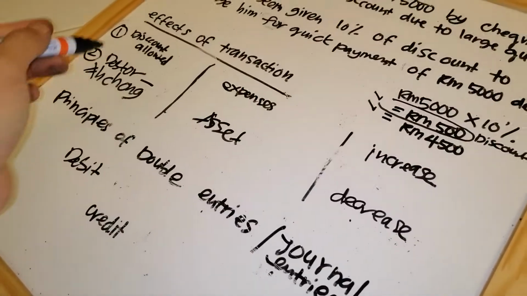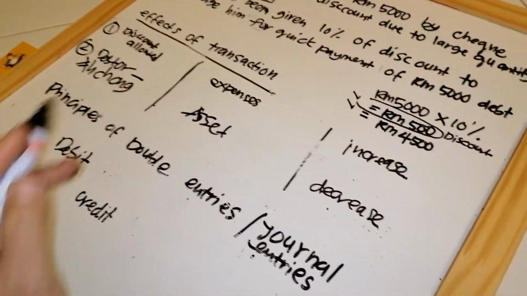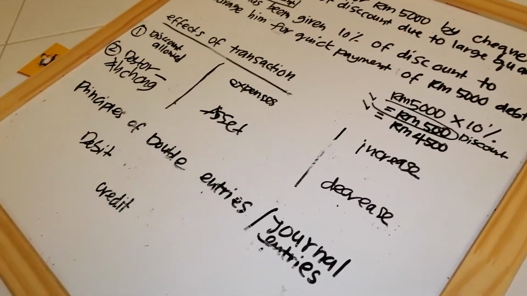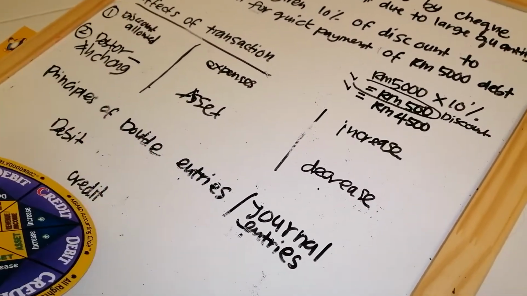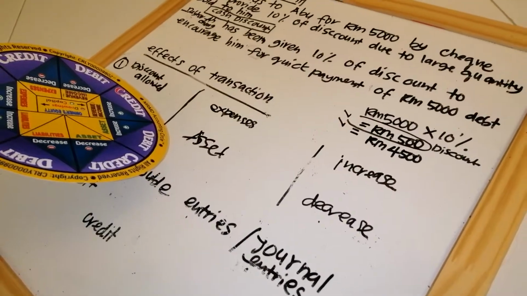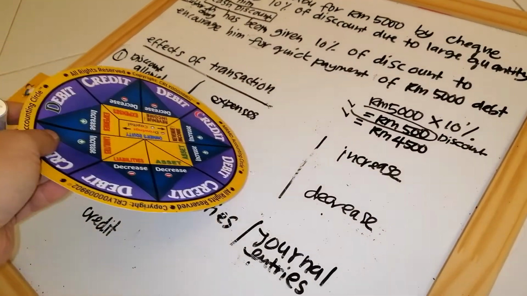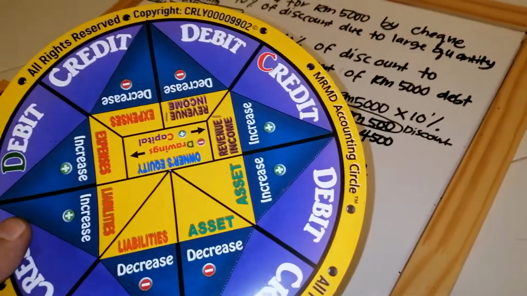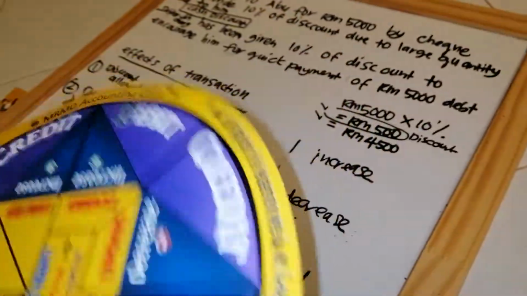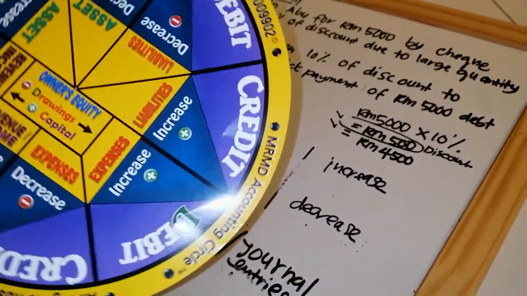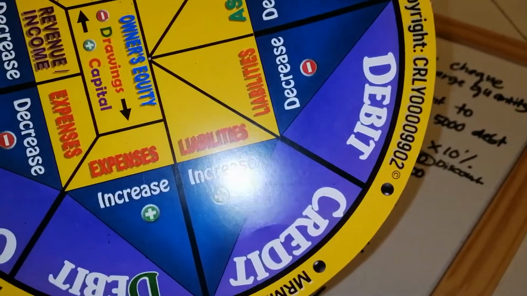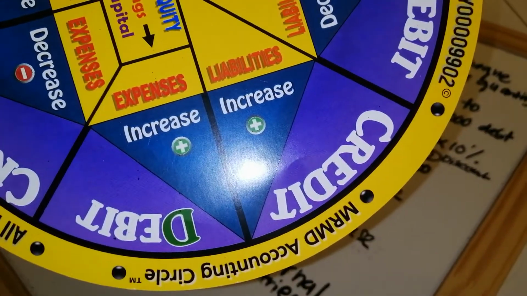Okay, so when you have the perfect effects of the transaction, I think you don't have a problem anymore to convert to the principal double entry. So what's the debit and credit? You go to the effects. Number one, discount allowed, expenses increase. So you go to the expenses pie. Expenses increase, we record under debit.